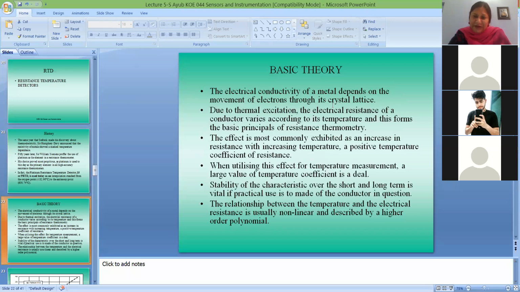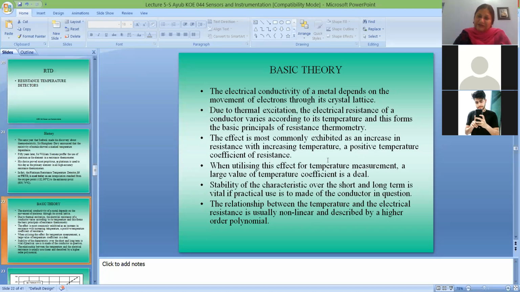Now, what is the basic theory behind this? The electrical conductivity of a metal depends on the movement of electrons through its crystal lattice. Due to thermal excitation, because you apply heat at one junction, the electrical resistance of a conductor varies according to its temperature, and this forms the basic principle of resistance thermometry. The effect is most commonly exhibited as an increase in resistance with increased temperature.